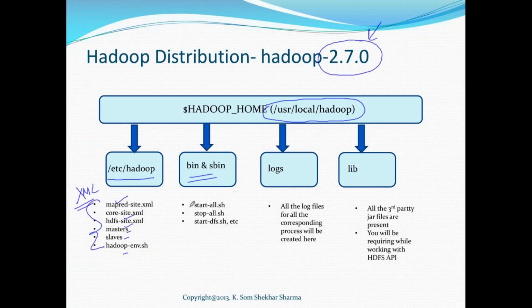In the bin and sbin folders, you will see a lot of shell scripts for execution. In the logs folder, you will see all the logs when we start up the processes. If any process is not starting or there are errors, we will go to the logs folder and inspect the corresponding process logs. The lib folder has all the third-party jars.